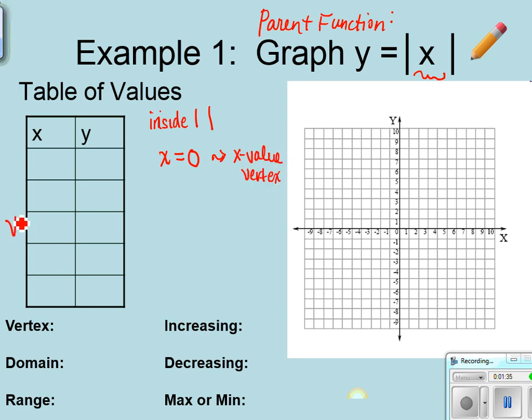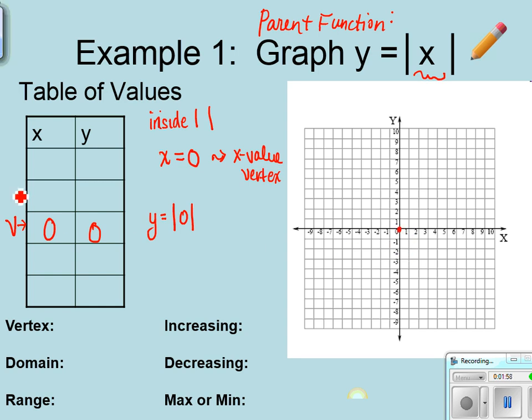And the vertex always goes in the middle of the graph. So it's a 0. Now when you plug it back in and find y, well, the absolute value of 0 is 0. Okay? So the vertex of this graph is 0, 0.